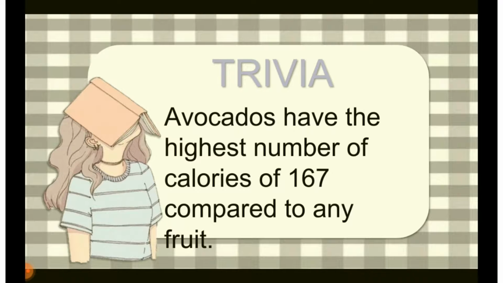I think the calories of those are less than 100. Our banana is 90. If I'm not mistaken, the apple is 35 and the oranges is 35 also. But avocados have the highest calories, which is 167, the highest among all the fruits. So that's our trivia for today.